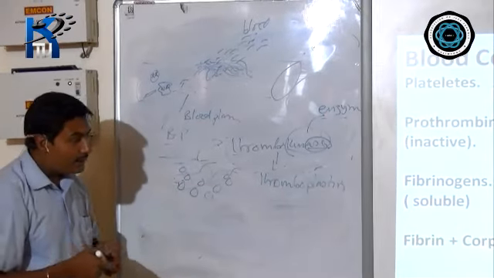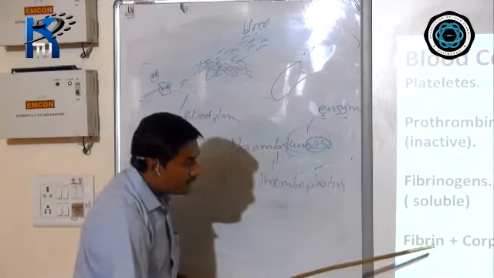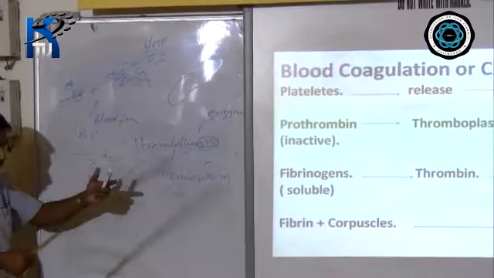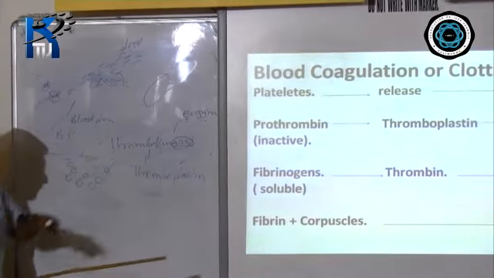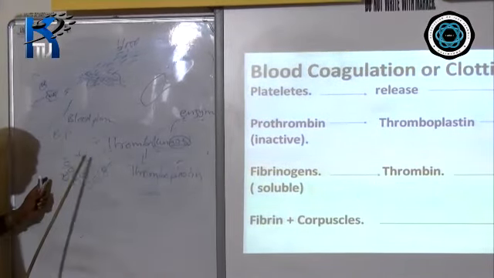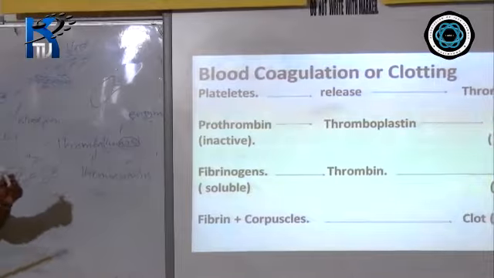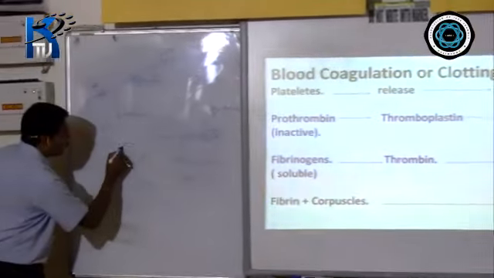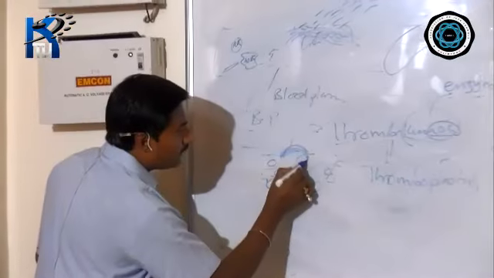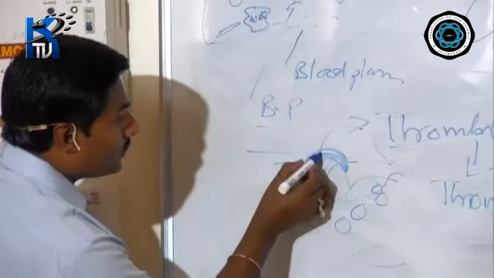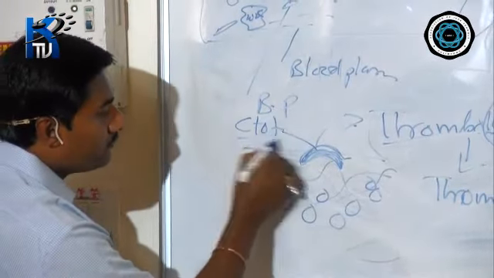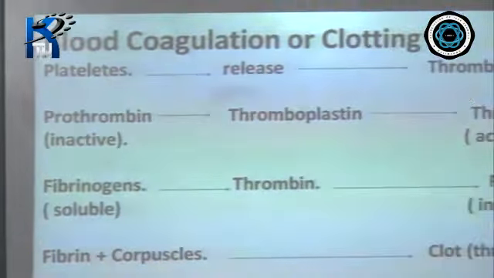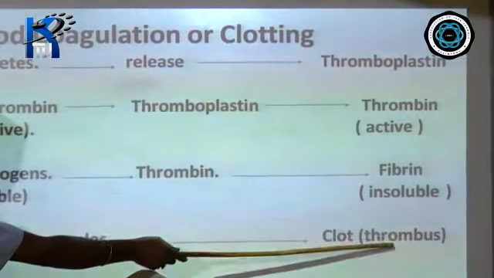Now, what will happen? This fibrin, that means the insoluble fiber-like protein, plus these corpuscles will lead to a very hard lumpy structure, like this. This lumpy structure is called the clot, or in technical terms we call it thrombus.